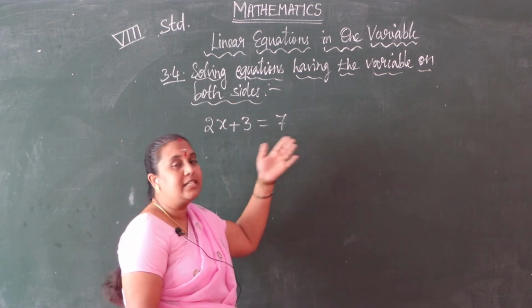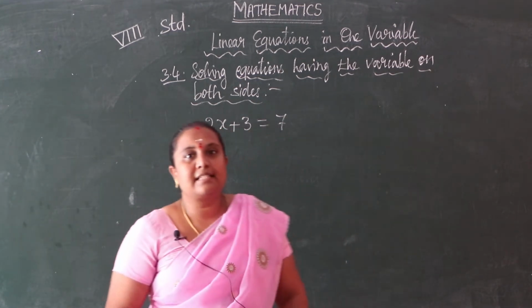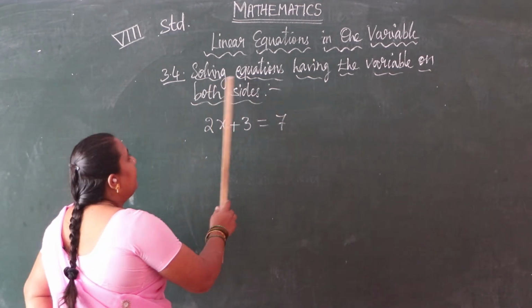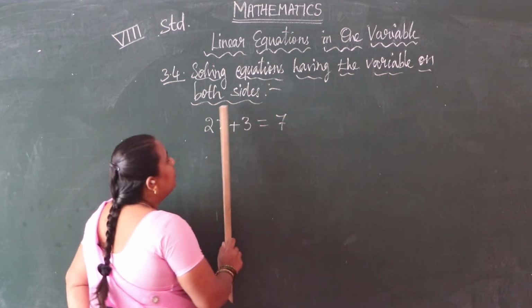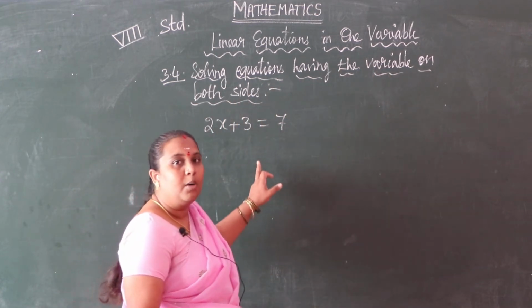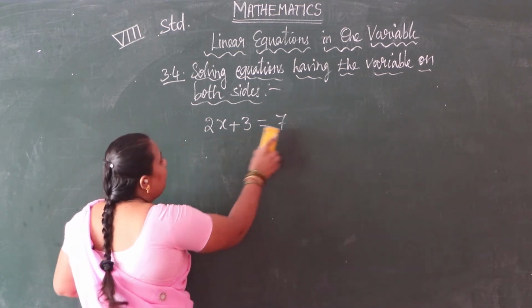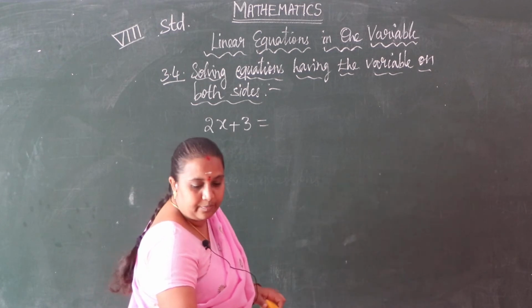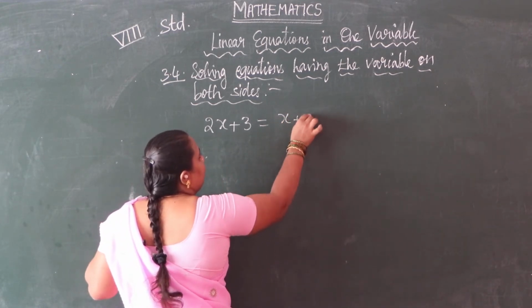Understood? Both the sides we have the variables. So in this class let us see solving equations having the variable on both sides. For example, 2x minus 3 equals x plus 2.